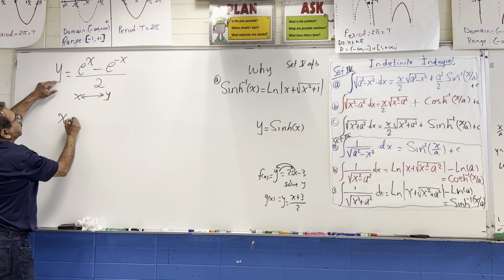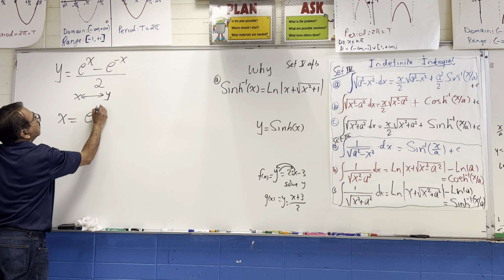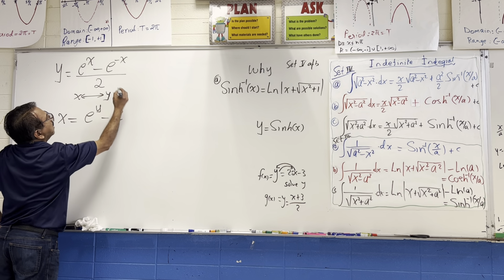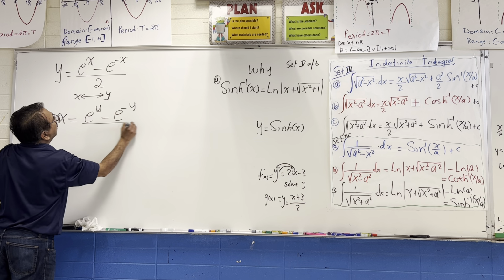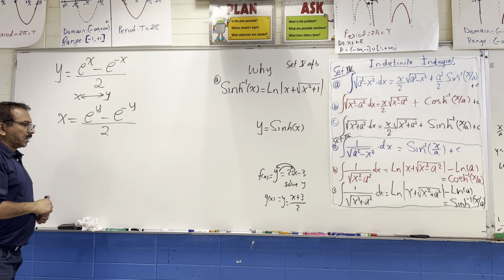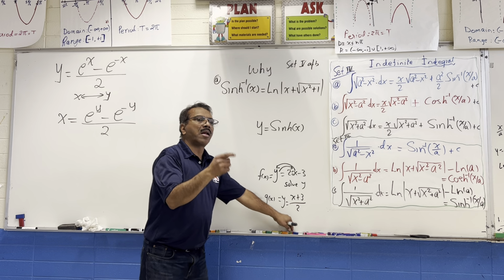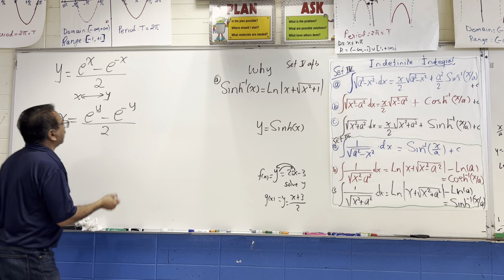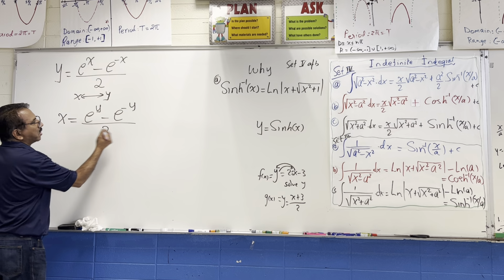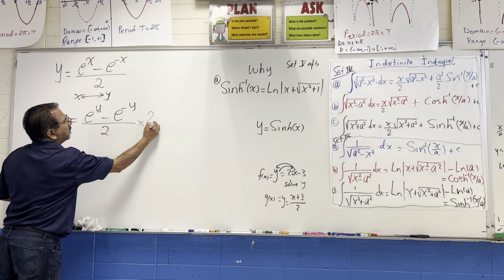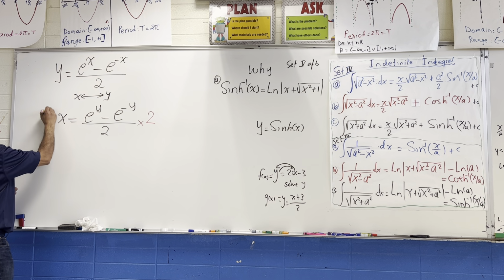You replace x and y, so this will be x equals e raised to y minus e raised to minus y, divided by 2. So far so good. Now multiply both sides. There is a 2 here, so multiply this side, multiply this side.